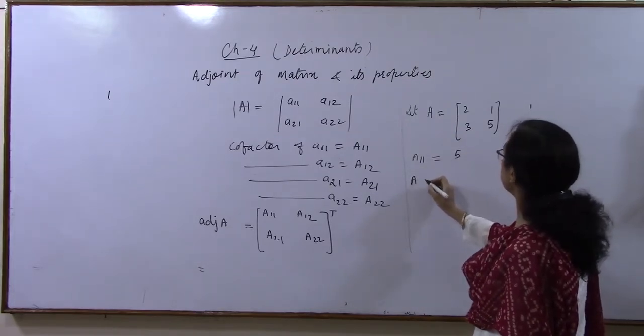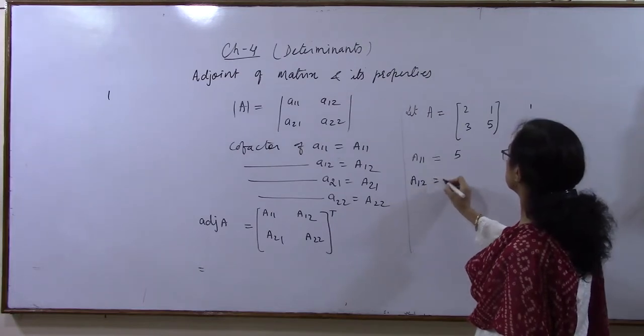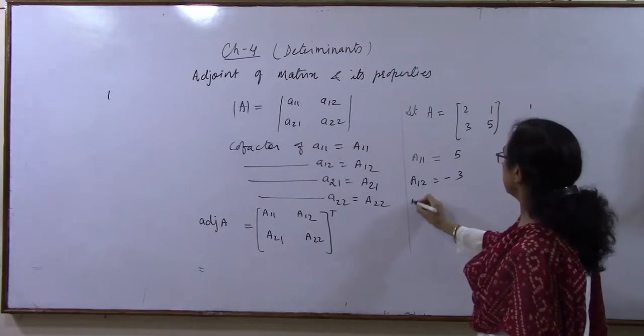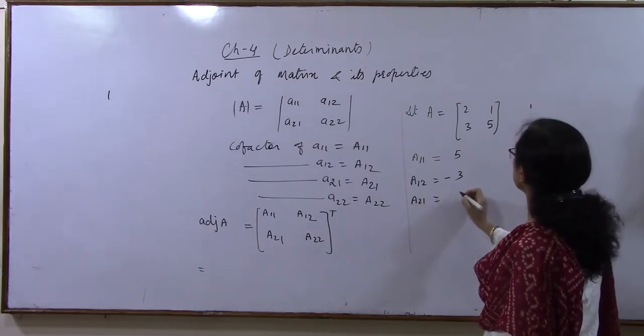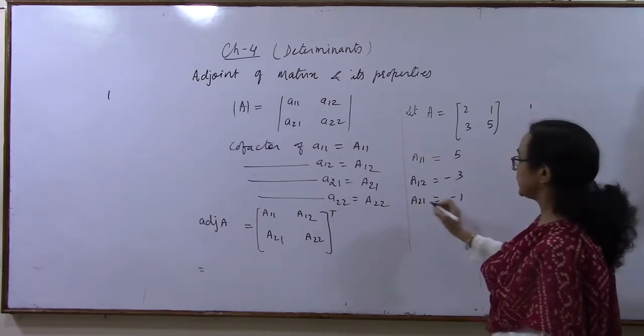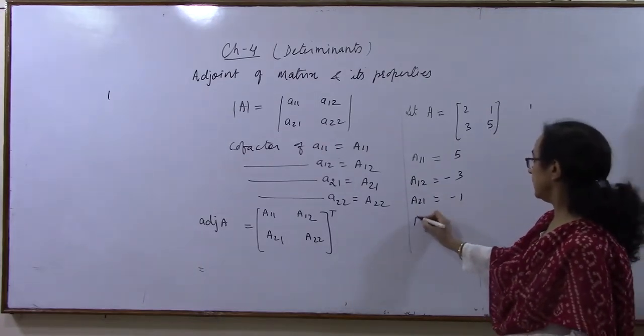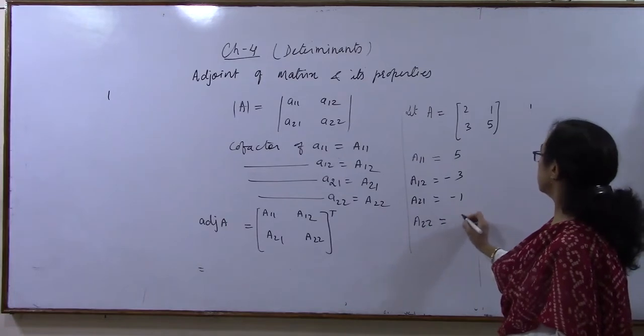The cofactor of element 1: 1 plus 2 is 3, so taking the negative sign, it is minus 3. For A21, minus 1 to the power 2 plus 1 is 3, so taking the negative sign, and A22 is 2.